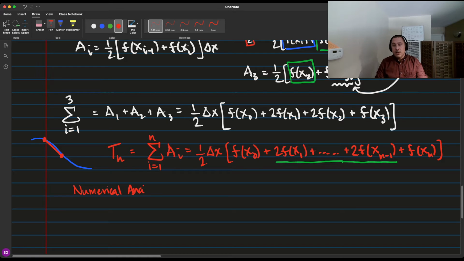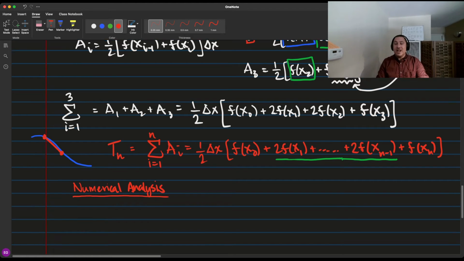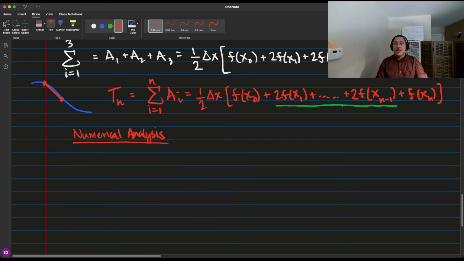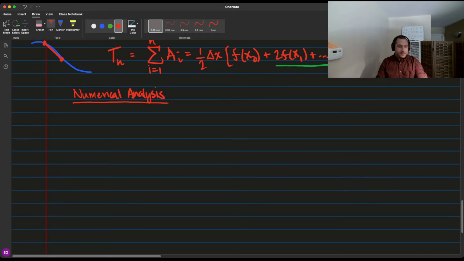If you look at a CS department or a math department or an applied math department, they usually have an undergraduate class called numerical analysis and a graduate level class, and it's just about studying all these algorithms to do numerical integration, numerical derivation, and a bunch of stuff like that. And they actually prove theorems like if you have this sort of function, which one will work better? And that's all they do. I actually found that it was a really interesting class. I took it a long, long time ago.